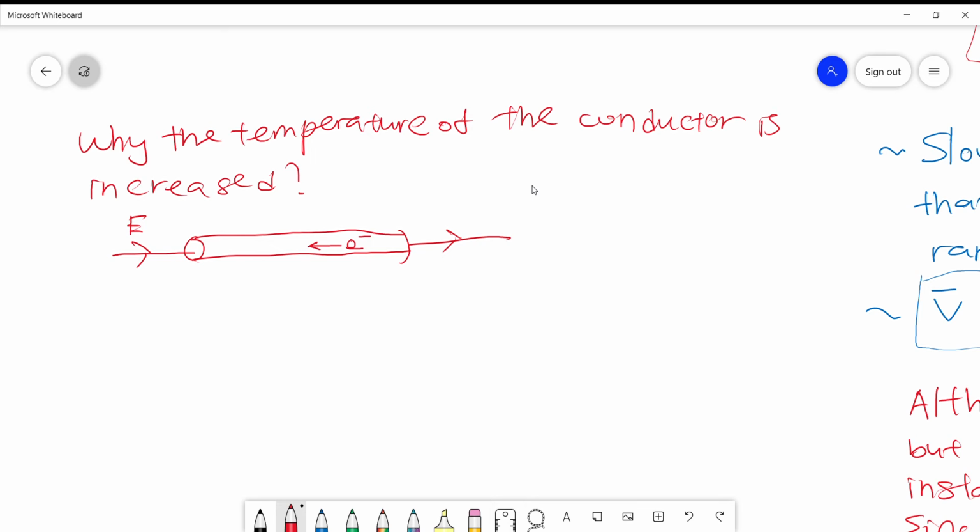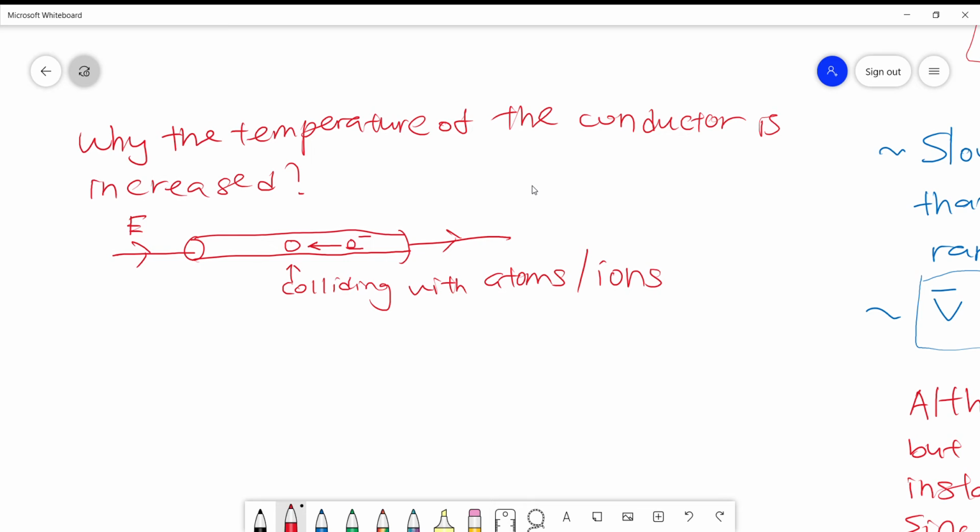The accelerated electrons will collide with the atoms, or I can say ions.